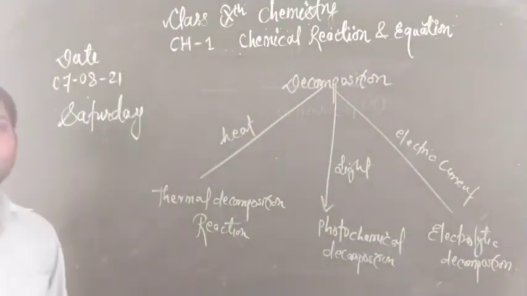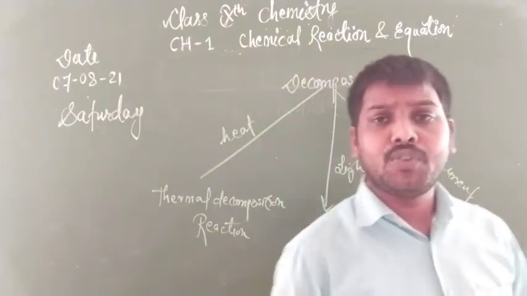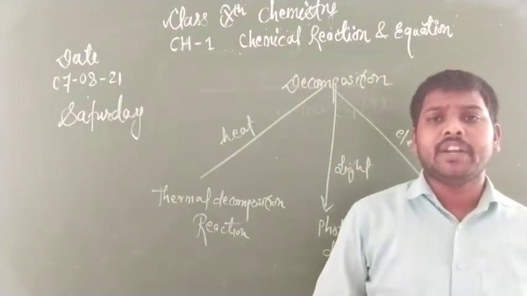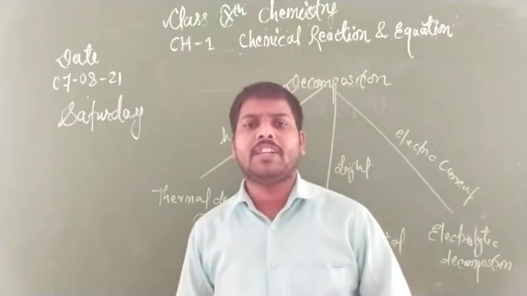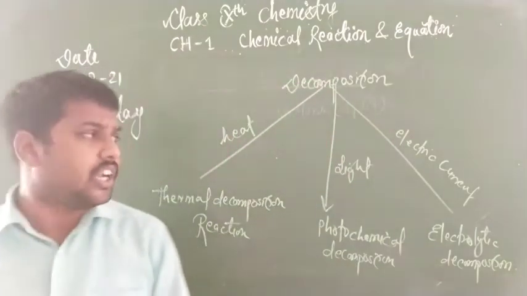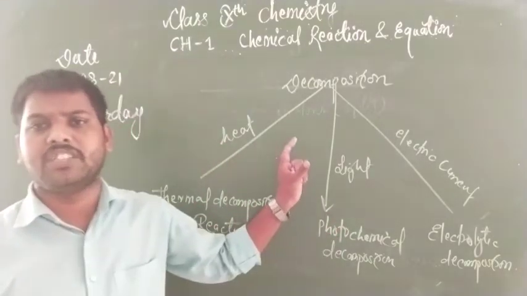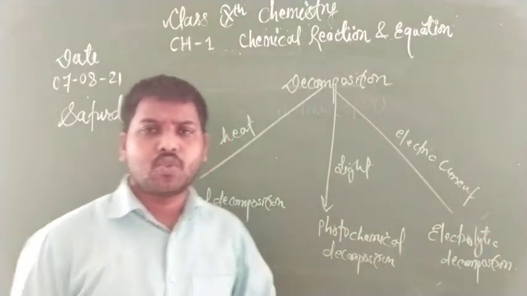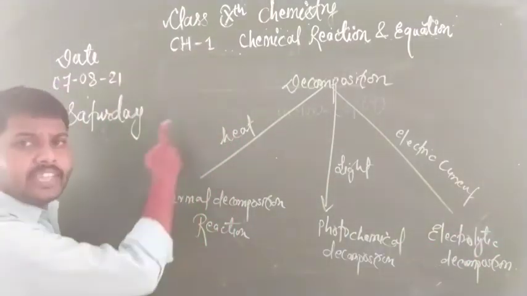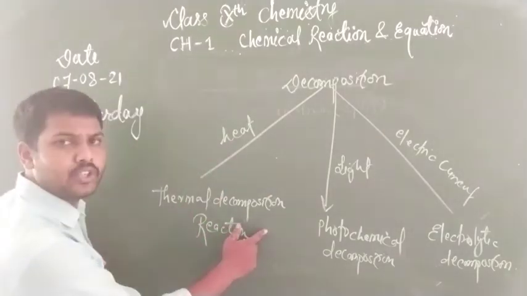Clear everyone? So please keep in your mind that all the compounds present in the universe never decompose by themselves. We need to provide some amount of energy, either in the form of heat, light, or electric current. Clear children? So when the compound breaks with the help of heat, that decomposition is called thermal decomposition.